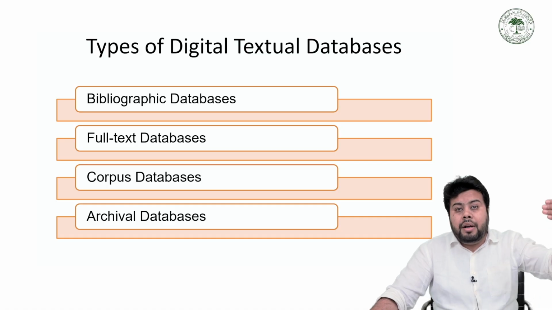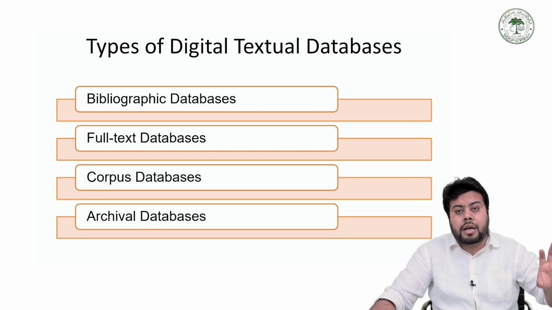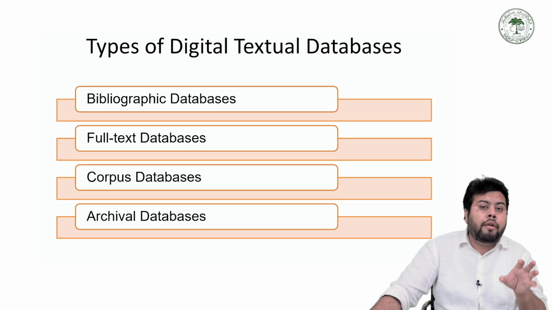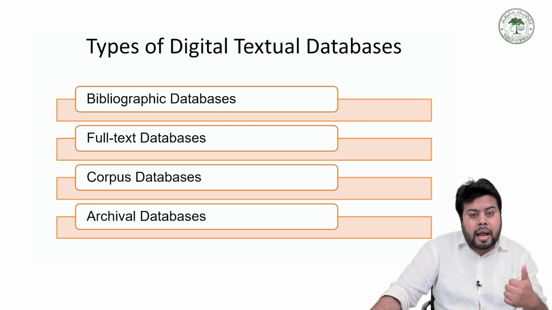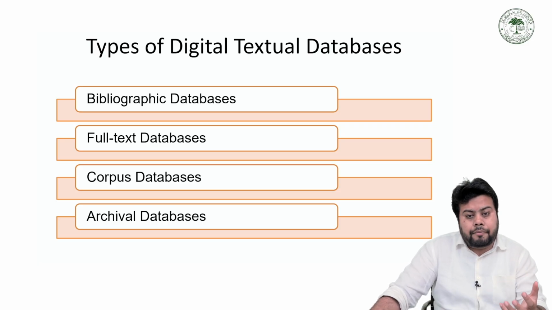Whether it is beneficial for my research or not, that's a different case altogether. That will come later. But first, I need the information through which I can access it. So a bibliographical database simply has citations, abstracts, and publication information rather than the complete text.